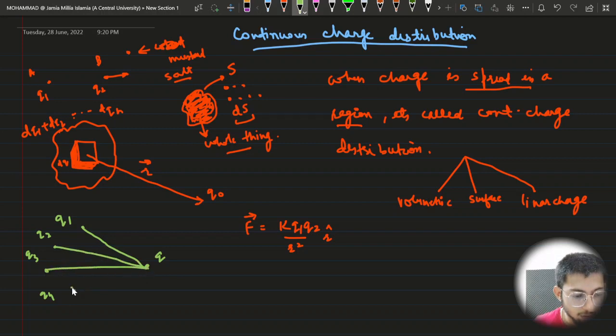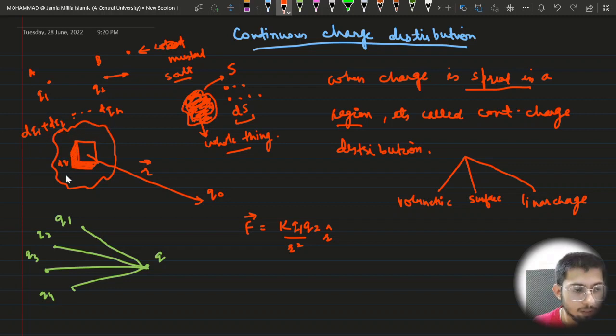You cannot leave anyone out because each one of them has an impact on q. Similar is the case here. You have small dq charges, n of them, and you need to find the force due to each dq.